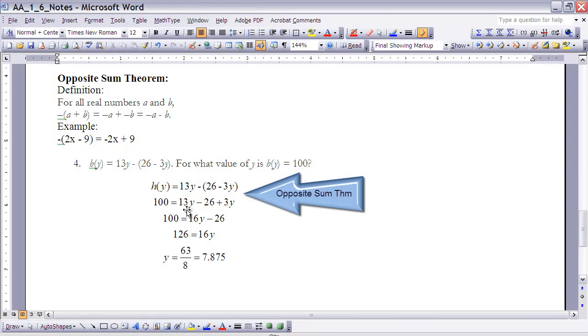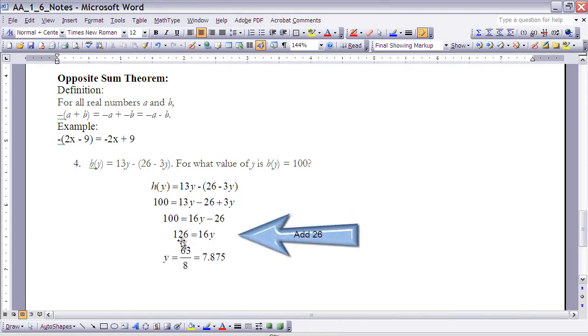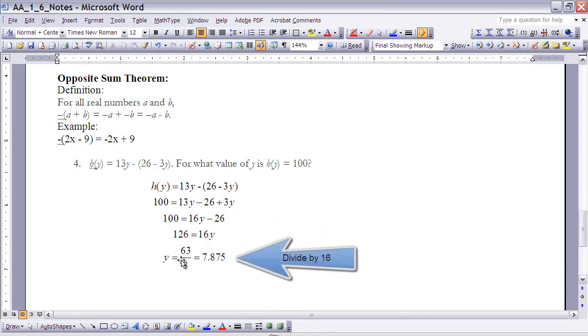And by doing it, I get 13y minus 26 plus 3y. Now I'm going to combine my y's to get this. I'm going to add 26 to both sides to get 126 is equal to 16y. And then if I divide both sides by 16, I get 63 over 8, or 7.875. So that would be the value of y when h of y is 100.